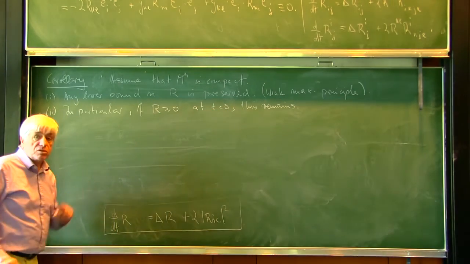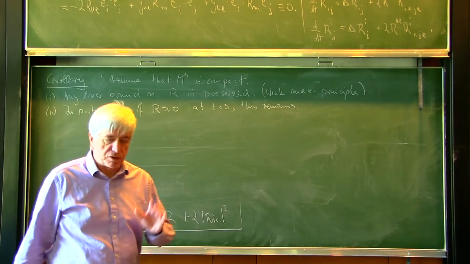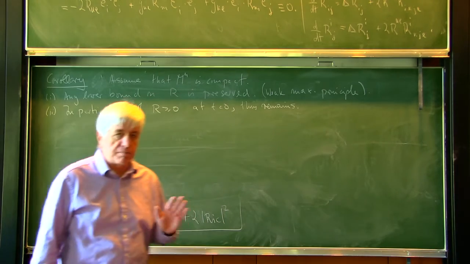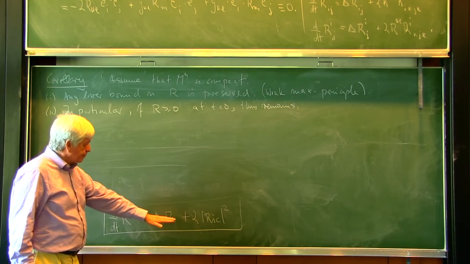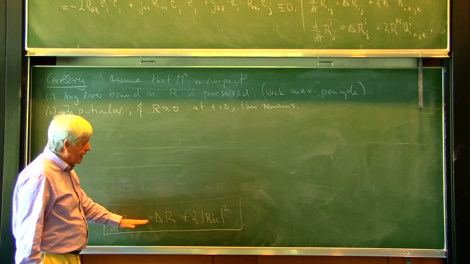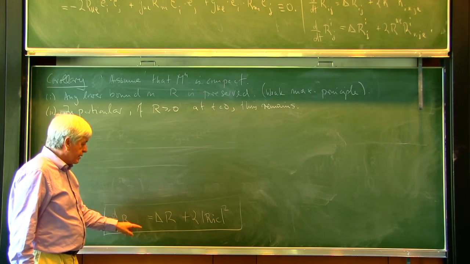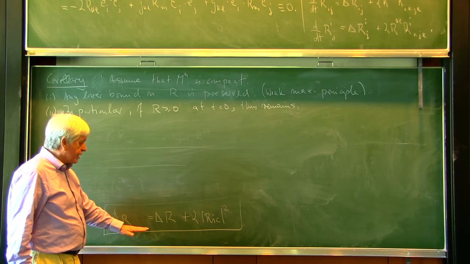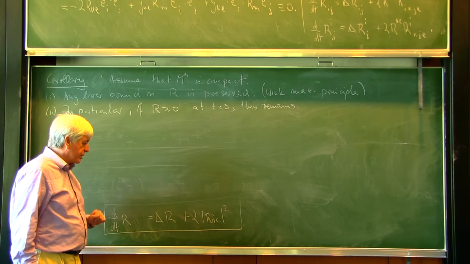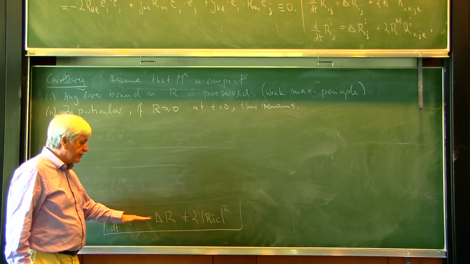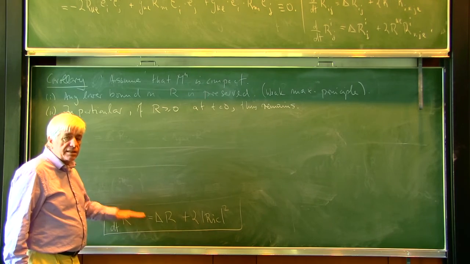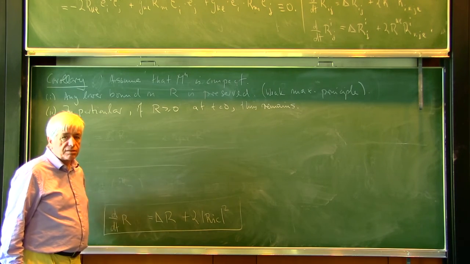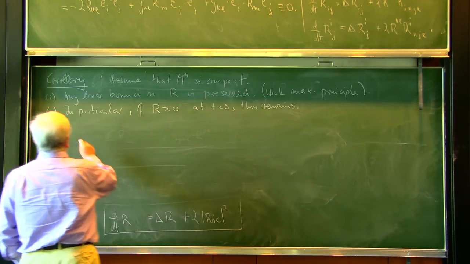But we can also use the Hopf maximum principle, the strong maximum principle for scalar parabolic equations, which tells us that the only way that the scalar curvature is not turning strictly positive is that it remains identically 0 and was in fact identically 0 at t equals 0.